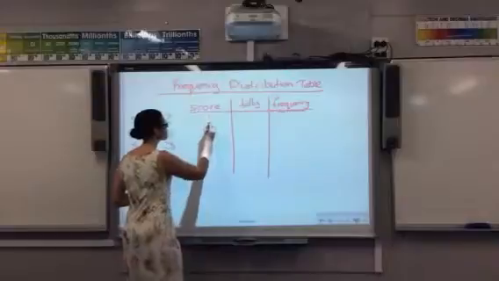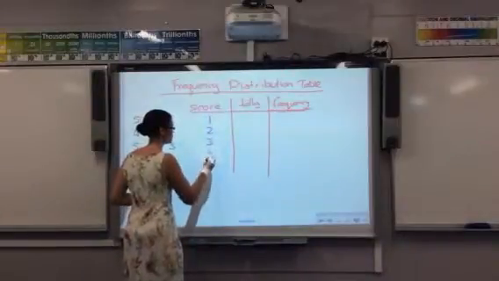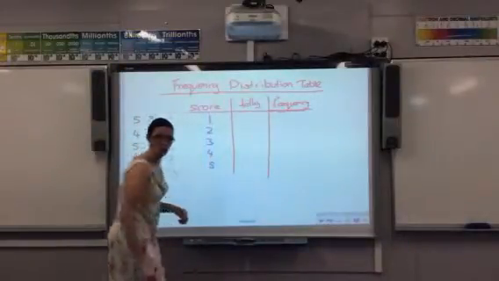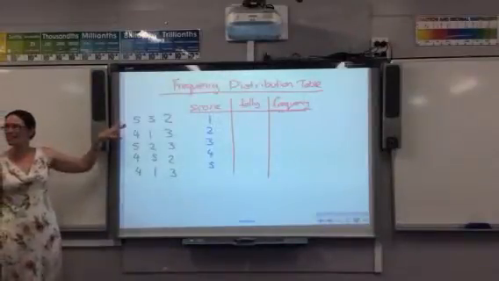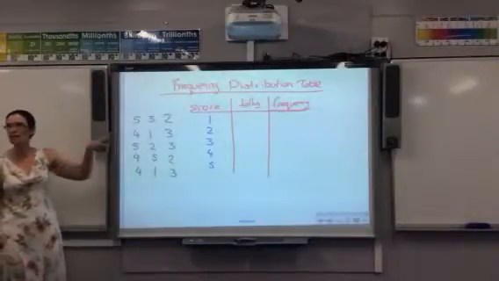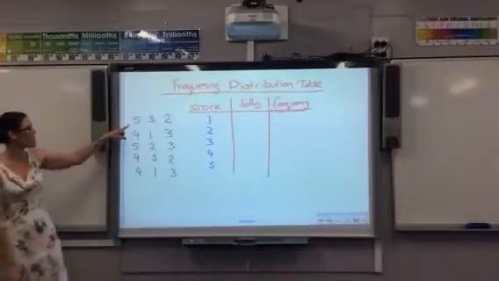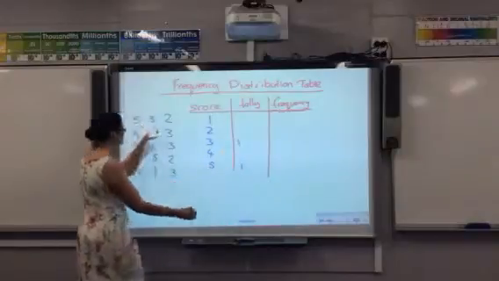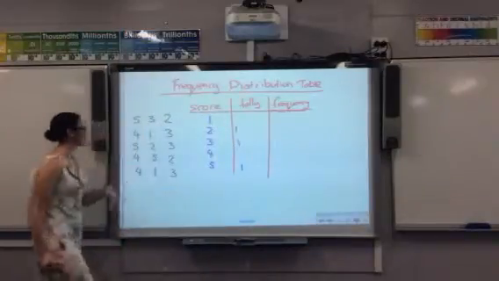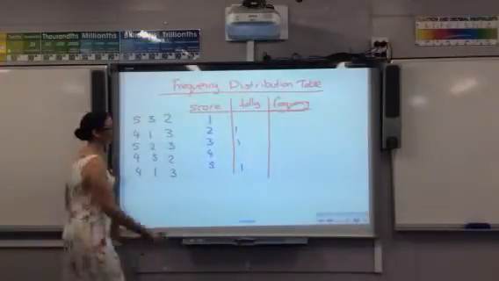Do you remember this? So when I do the tally, the idea is that I do a dash every time I have one of those numbers. I start with a dash for the 5, then the 3, then the 2. Next one, I have a 4, a 1, and a 3.